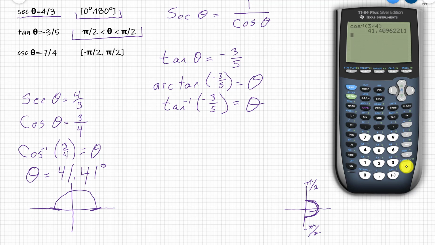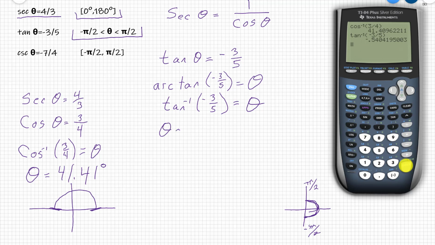The other thing, we just changed from degrees to radians, so I need to go ahead and change my calculator back. So that is now back. We'll hit second tangent to get to the inverse tangent, -3 divided by 5, close parentheses, hit enter, and this gives us a radian value.